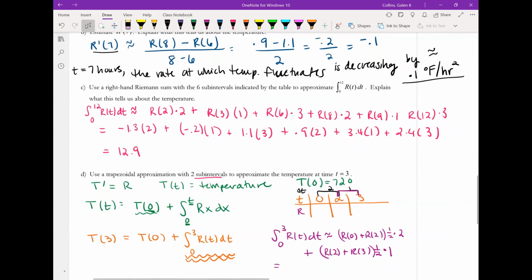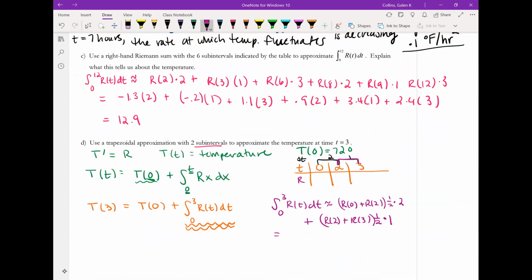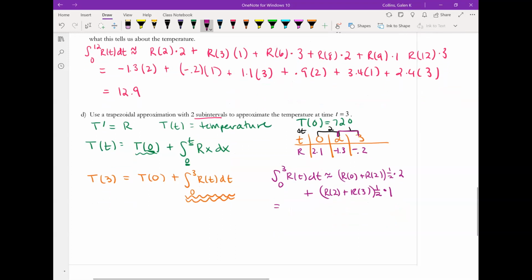2.1, negative 1.3, and negative 0.2. Okay, so we've got 2.1 plus negative 1.3 times 1/2 times 2. Well, the 2 and the 1/2 could cancel each other out there. And then we're adding to that negative 1.3 plus negative 0.2. Okay, so we should get 0.8.